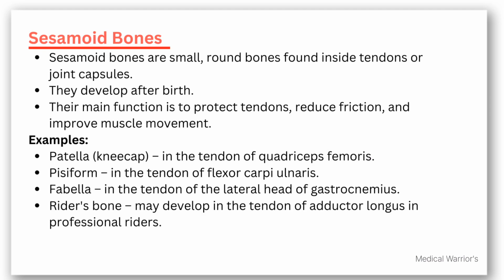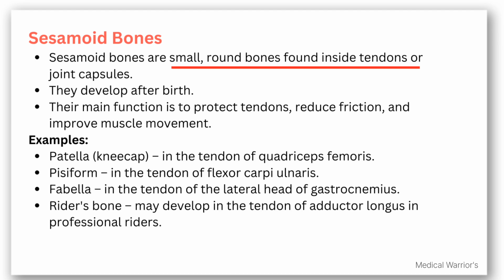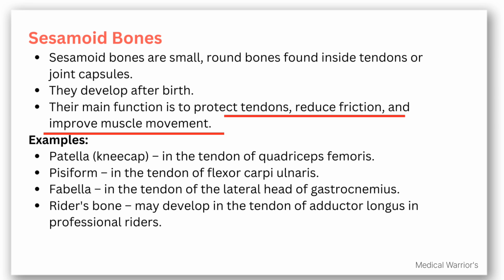Next, sesamoid bones. Sesamoid bones are small round bones found inside tendons or joint capsules. They develop after birth. Their main function is to protect tendons, reduce friction, and improve muscle movement.